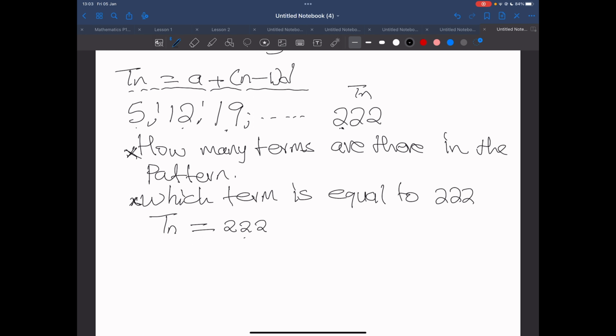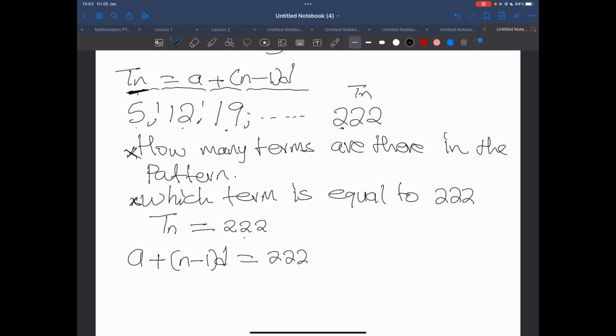We know the formula for the general term: term n is a plus n minus 1 d. So this is 222, and we are going to use this to find how many terms there are.